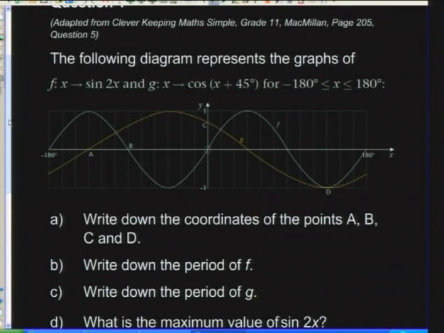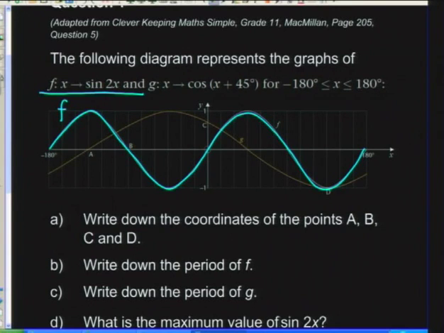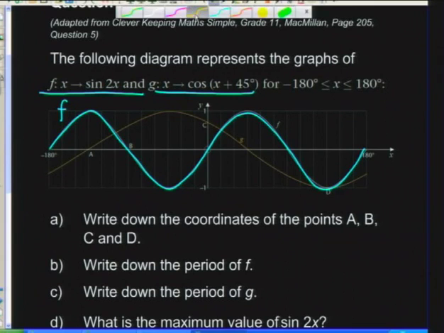And just for better visibility, I'm going to sketch my sine 2x in blue. And I'm going to sketch, so that's F. And this graph here, I think it will look good if it is in yellow. So we're going to use a yellow.